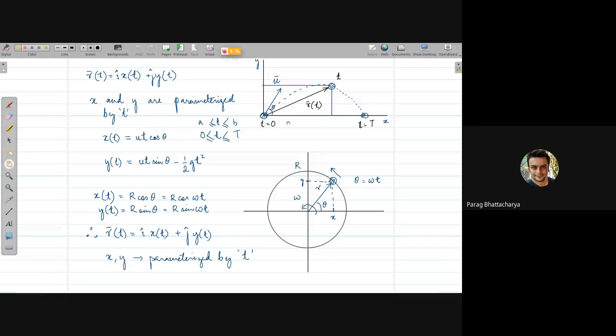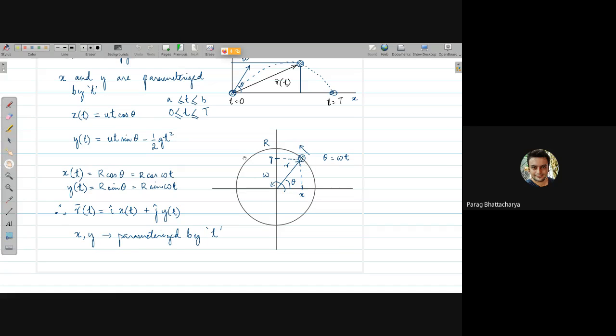Like for instance here, if you're moving towards the right side, then you're moving along the positive x direction. If you move towards the left, you're moving in the negative x direction, right? So we have a sense of direction.